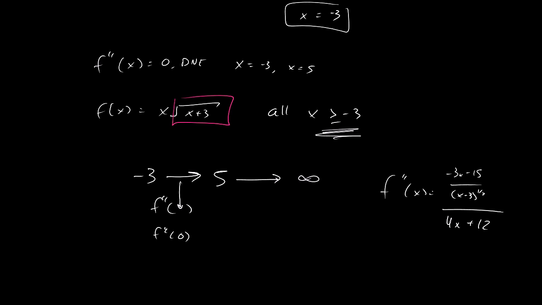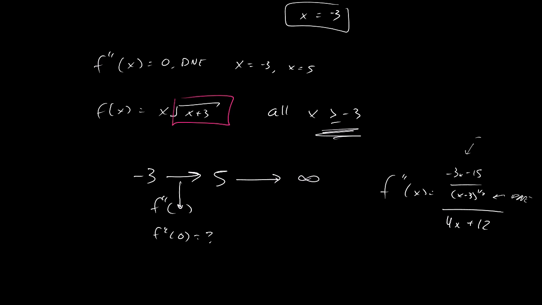So if we plug in 0, we're just checking for if it's going to be positive or negative. So our numerator is going to be negative. Our denominator is going to be non-existent because it's going to be the square root of negative 3. So right there we can just stop. This is not going to work right here.